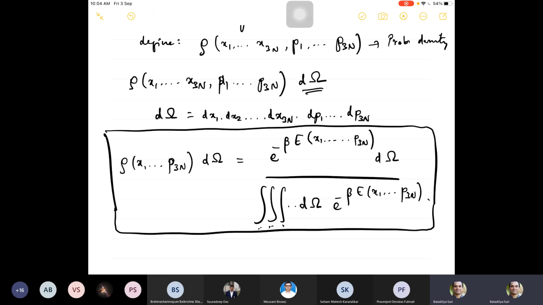But all is not so hopeless. In fact, we even bother to write this form because for most systems, this can be analytically computed. Not for most systems. For the simplest of systems, we can analytically compute it in a rather trivial fashion, as we will show in a minute.